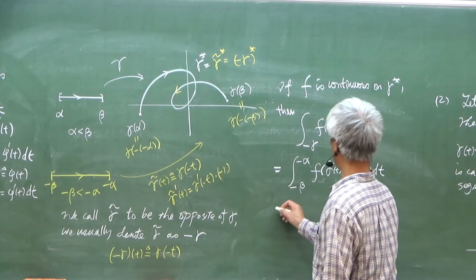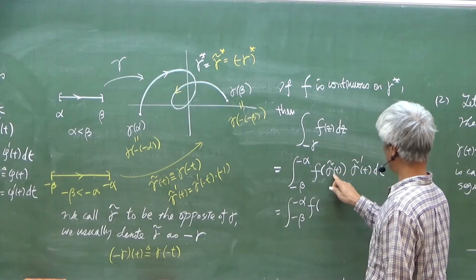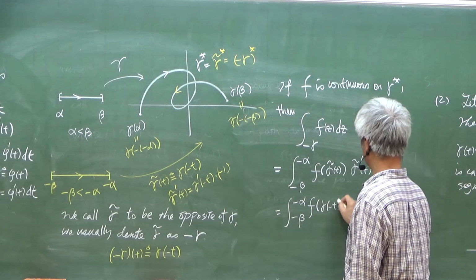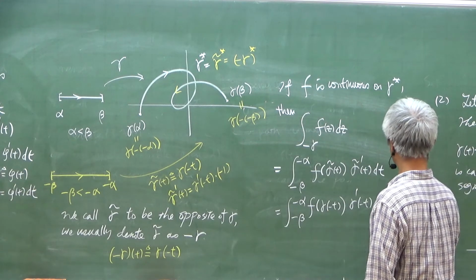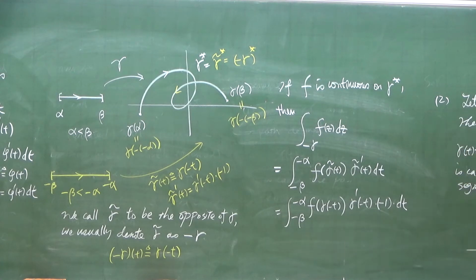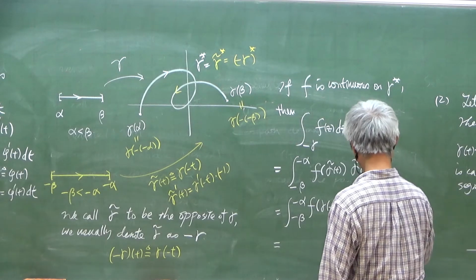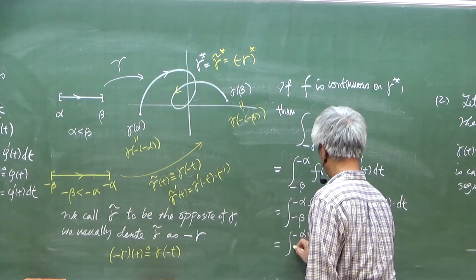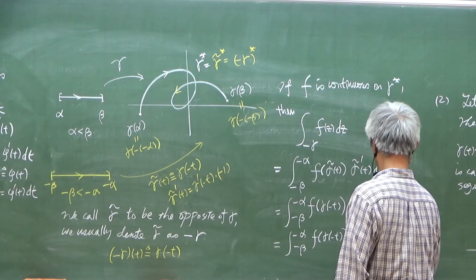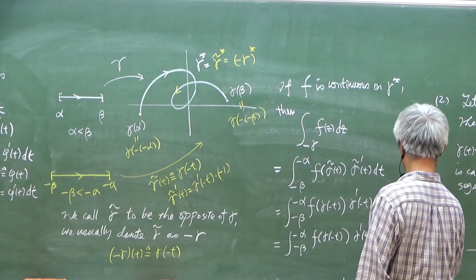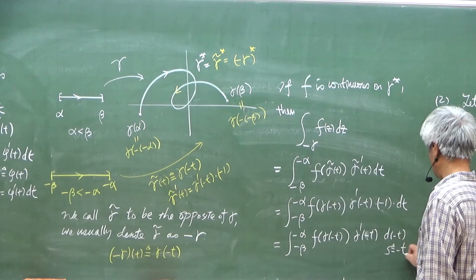So we have the integral from minus beta to minus alpha of f of gamma of minus t times gamma prime of minus t times minus 1 dt. Now I change the variable, define x to be minus t.